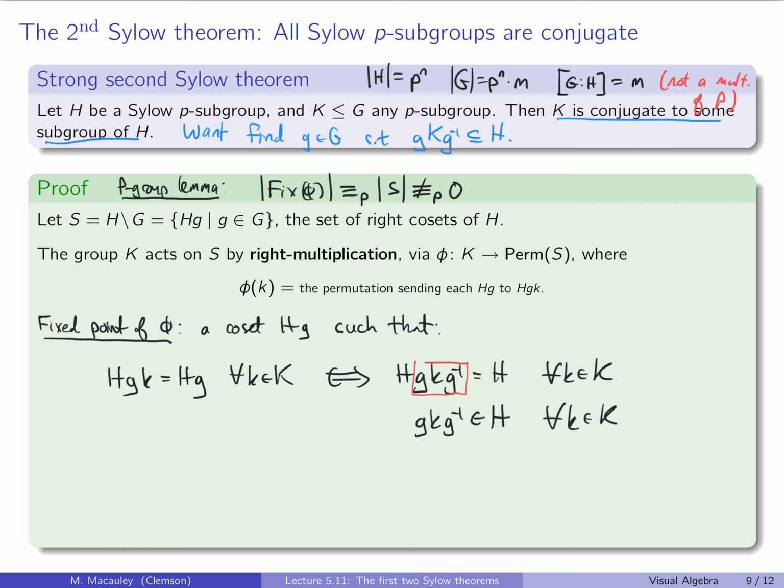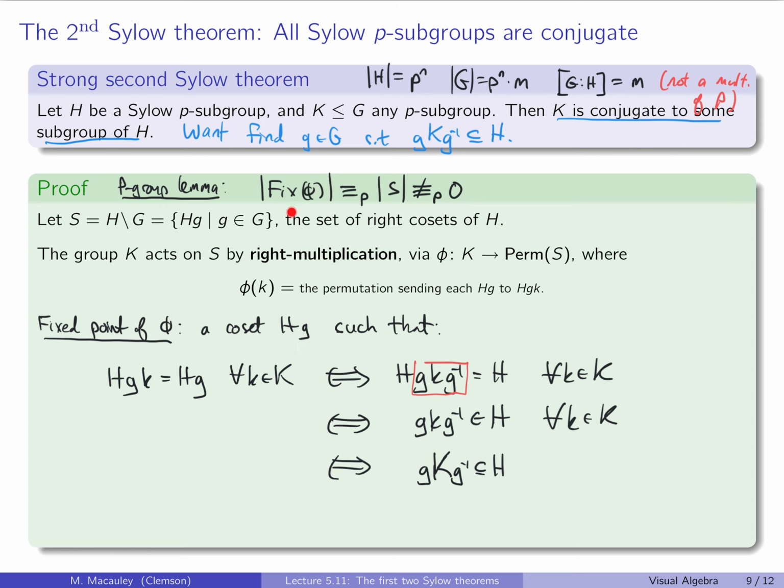Now, what does this mean? This means if we take an arbitrary element little k in our subgroup K and we conjugate it by g, we get inside of H. And that's equivalent to saying gKg inverse, where this is a big K, is contained in H. And that's what we wanted to show: K is conjugate to some subgroup of H. So K being conjugate to some subgroup in H by an element g is equivalent to that coset being a fixed point.